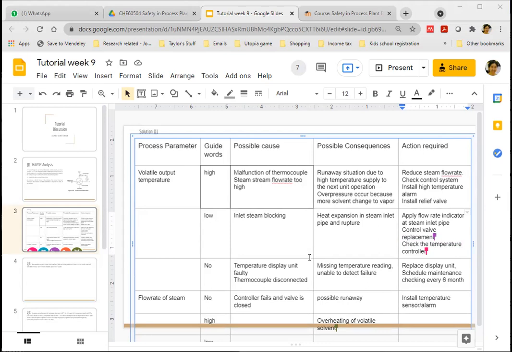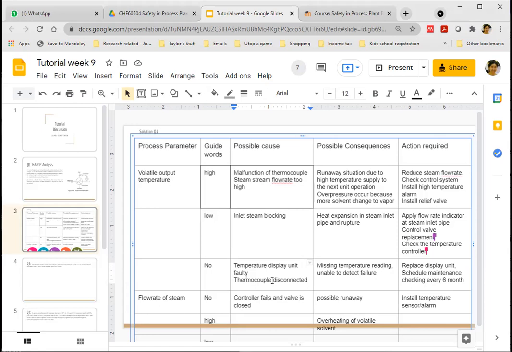Okay, thank you. So when there is no output temperature shown, what does that mean? There are only two things. Either your display unit is faulty, meaning everything goes blank, or your thermocouple has been disconnected or faulty. So that's when there's no reading shown at all.